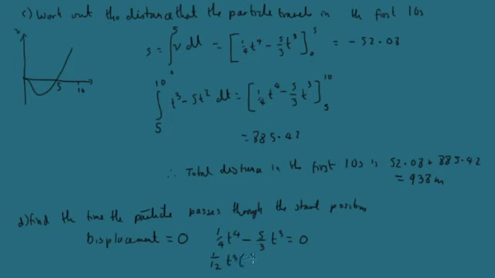It's going to be 3t minus 20 equals 0, so t equals 0 or t equals 20 over 3. So at time t equals 6 2/3 seconds, the particle passed through the starting position.